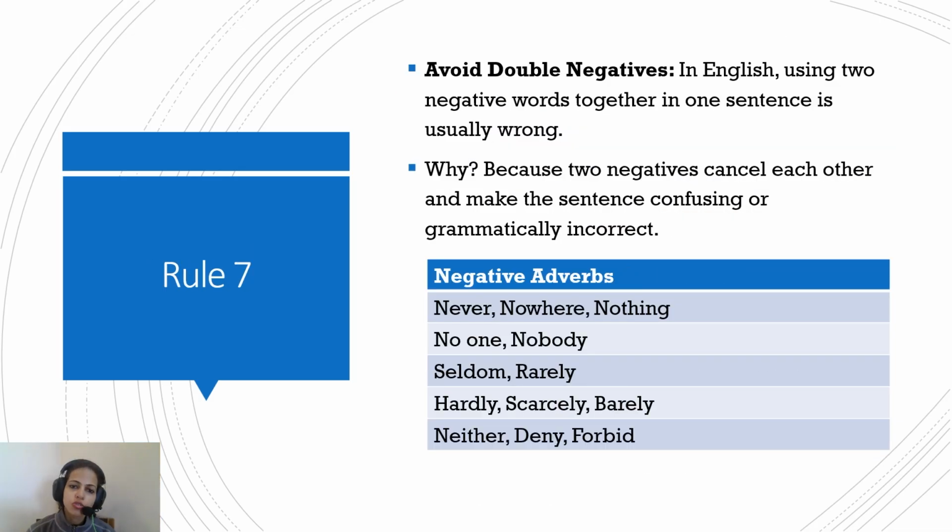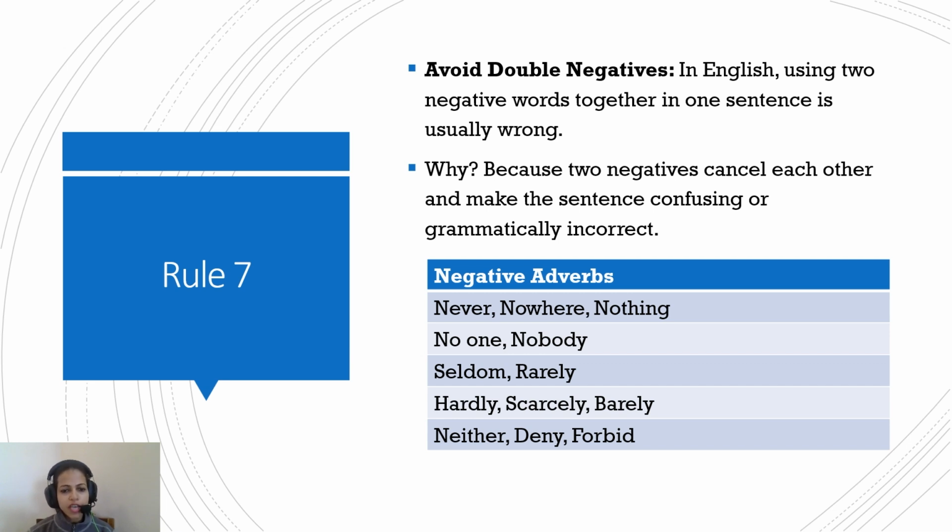Okay. Now rule 7. This rule says that one should avoid double negatives in a statement. In English, using two negative words together in one sentence is usually wrong, because two negatives cancel each other and distort the meaning of the sentence.